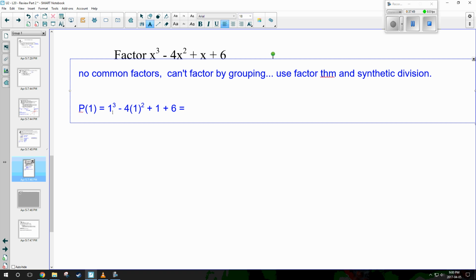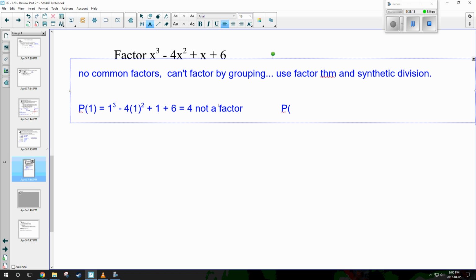So 1 cubed is 1 minus 4 times 1 squared would be a -3, plus 1 gives us -2, and then plus 6 gives us a +4. So this doesn't equal 0, so we know that this is not a factor. So we can't divide by +1.